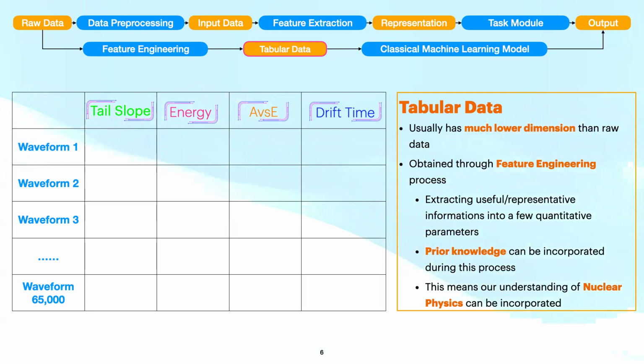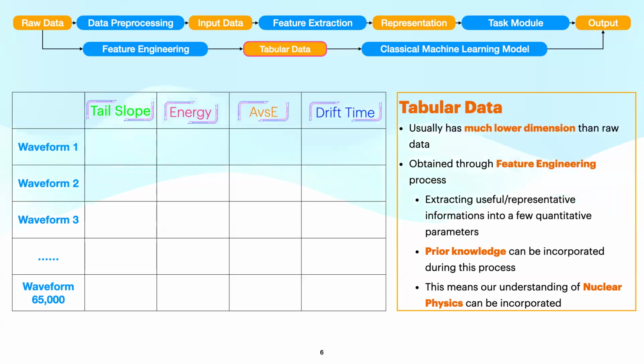In this process, we can incorporate our prior knowledge, like what we know about the detector and which part of the waveform is going to be useful for our task. For example, if we want to reject background, maybe we want to extract the A versus E parameter. If we want to reconstruct the energy of the events, maybe we want to extract the energy parameter, just the height of the waveform.